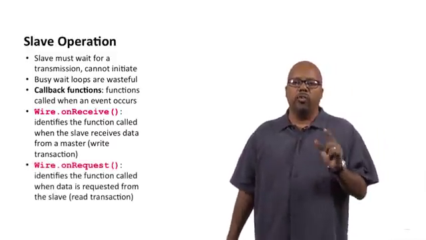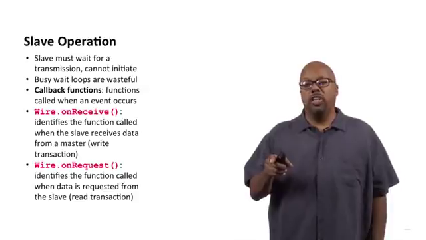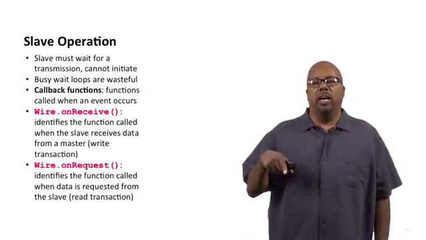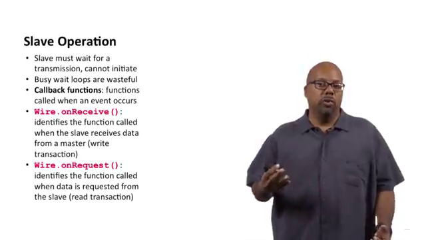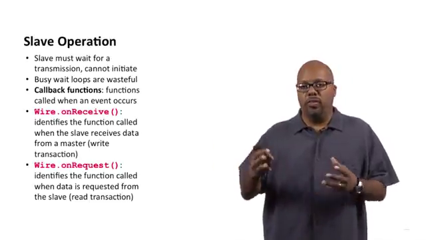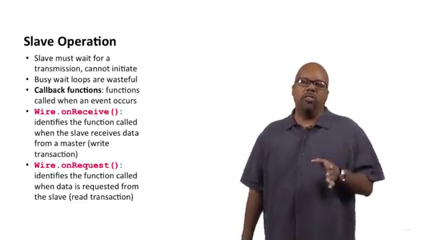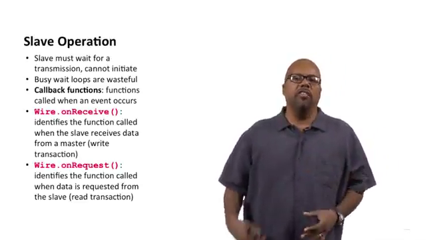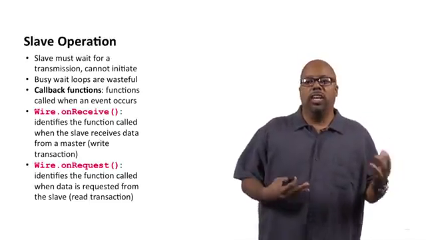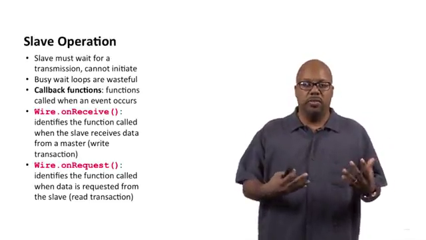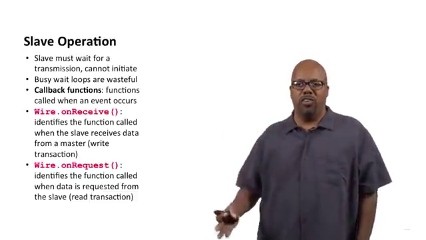Then we've also got wire.onRequest, and this names the function that is called when the slave receives a read request. If it receives a request like that, then the function named in onRequest is called. Note that onReceive and onRequest are not themselves the functions that handle the receiving and the requesting, the servicing of the request. They just provide the names of those functions.